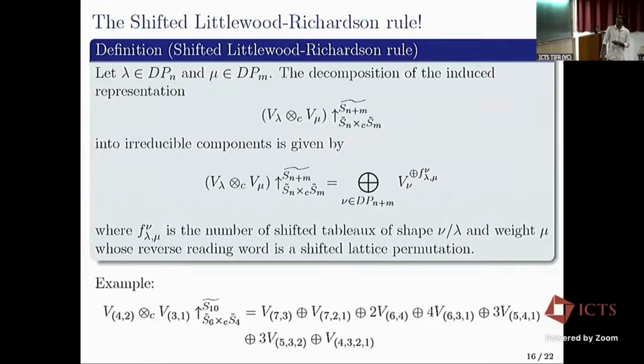This is not the usual tensor product which we do for the Young subgroups, because here there is some anti-commutation. You can't see Sn tilde cross Sm tilde as a subgroup, because there is an anti-commutation due to the disjoint transpositions.